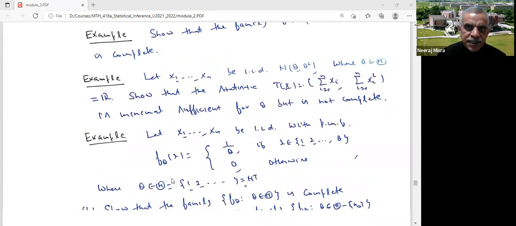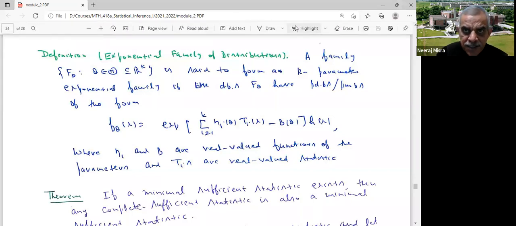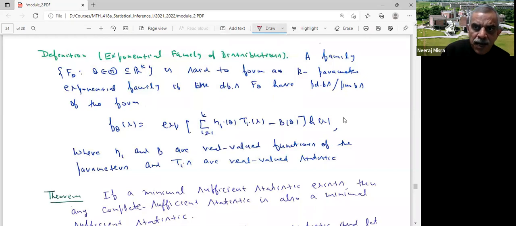So now I do a result which tells you how to find a complete statistic in an exponential family. A family f theta is said to form a k-parameter exponential family if the distribution function f theta has a PDF or PMF of the following form: f theta x equals exponential of the summation i equals 1 to k.